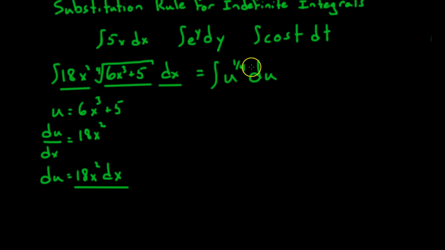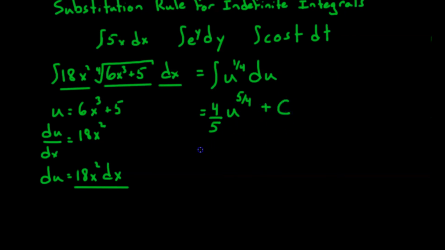Now this is an integral we know how to do, right? If we're going to do that integral, we simply add 1 to the exponent. So 1/4 plus 1 is 5/4. And then we divide by 5/4, which gives us 4/5. And then we add a constant, plus c.